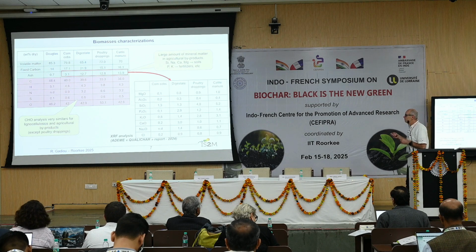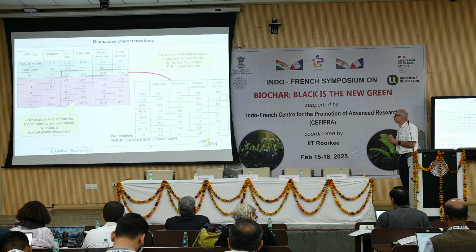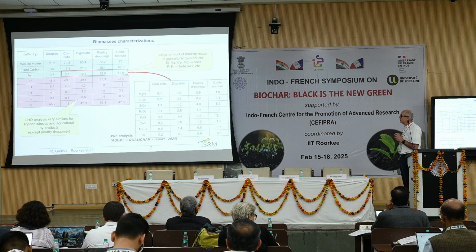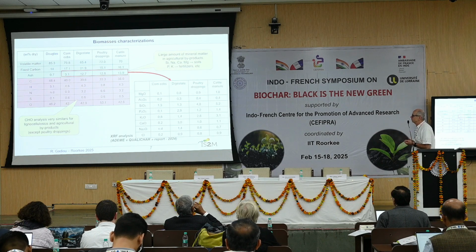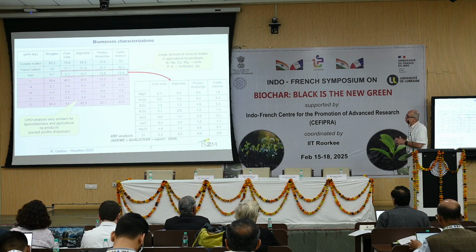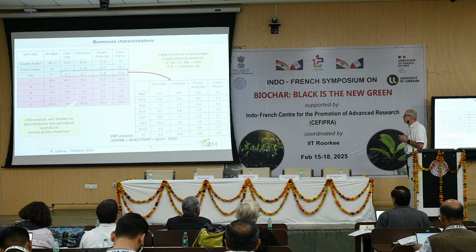The first thing that will be of strong importance in our case is the fact that we have a lot of mineral matter. In lignocellulosic material, often we have nearly below 1% of mineral matter, so it is not of strong importance.